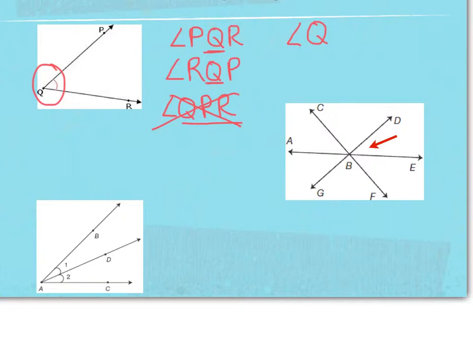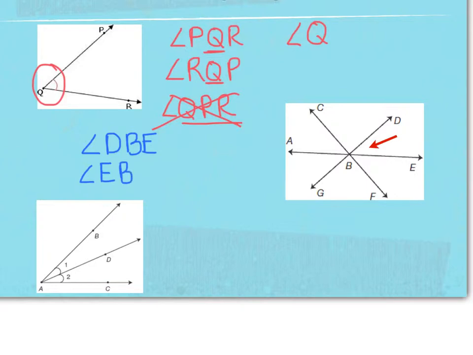Okay? So how would I name the one with the arrow there? Let me get a different color real quick. Okay, Jackson, how would I name that one? DBE. Okay, I could call it DBE. What else could I call it? Abby? Angle EBD. Notice both times the B stayed in the middle.